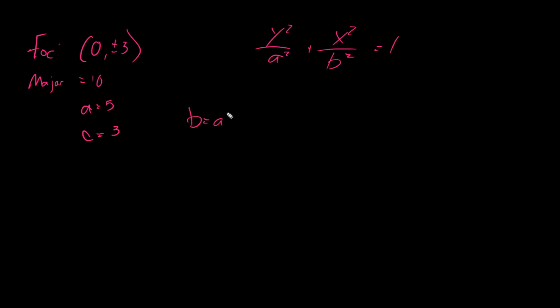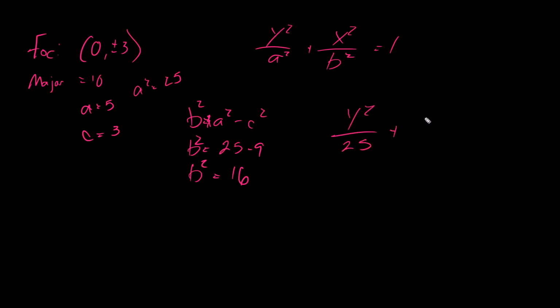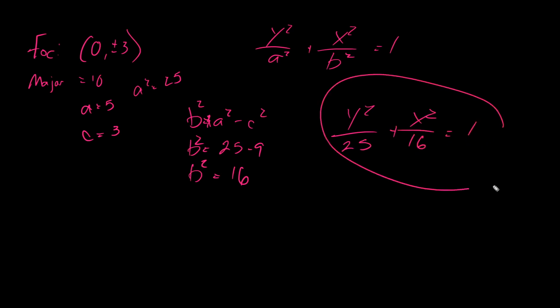B squared is equal to a squared minus c squared. So b squared is equal to 25 minus 9, so b squared is equal to 16. We have everything we need. A squared is 25. So we get y squared over 25 plus x squared over 16 is equal to 1.